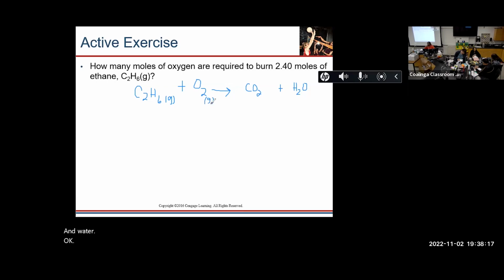Is the chemical equation balanced? Okay, let's balance it.